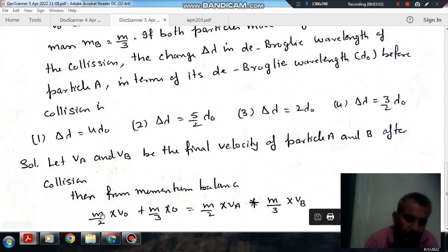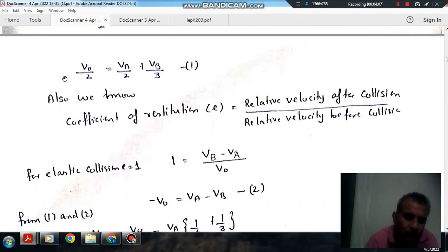Then this is your initial momentum and this is your final momentum: m by 2 into v naught plus m by 3 into 0 is equal to m by 2 into v_a plus m by 3 into v_b. Now we can omit m from it, so that will be v naught by 2 equal to v_a by 2 plus v_b by 3. So this is equation number 1.